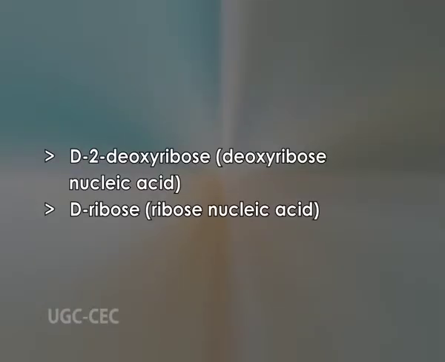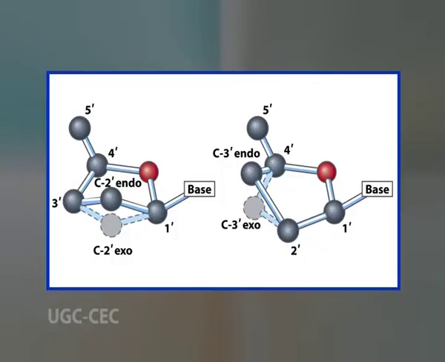One possesses 2-deoxyribose, hence the name deoxyribose nucleic acid, while the other contains D-ribose, hence the name ribose nucleic acid. Both these sugars in nucleic acids are present in the furanose form and are of beta configuration.